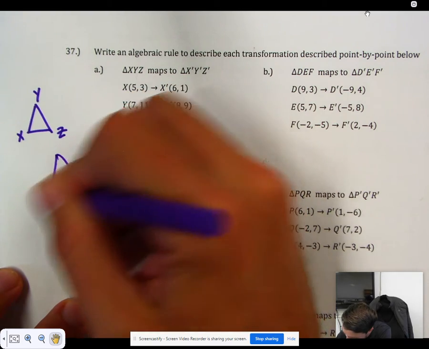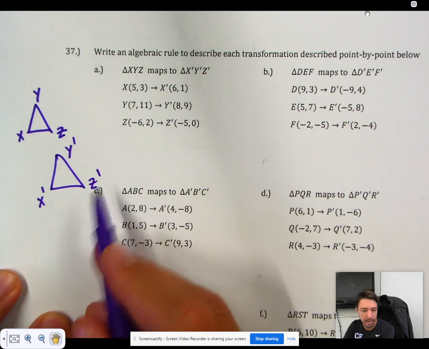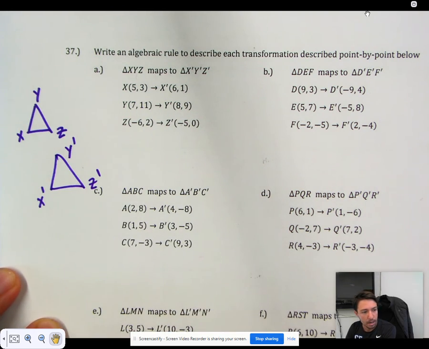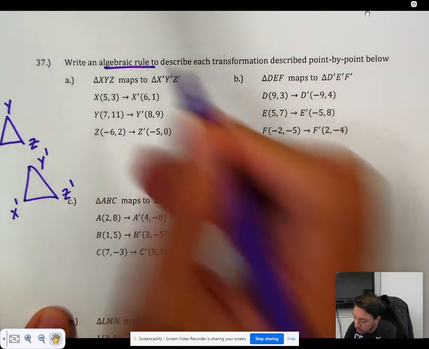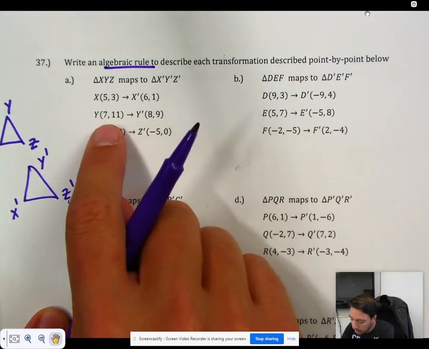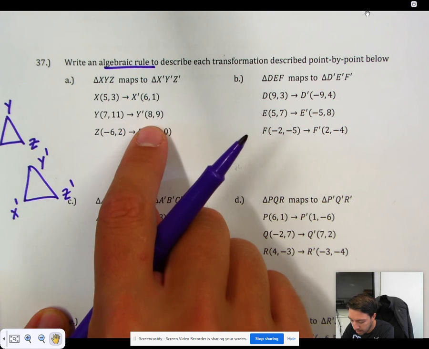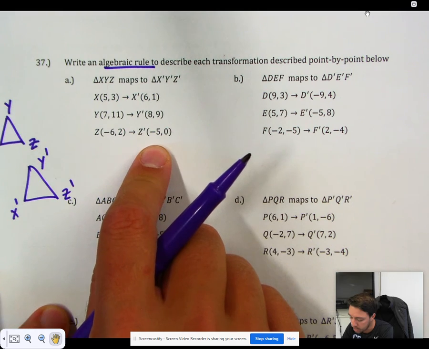Now it's somewhere else, and it's X prime, Y prime, Z prime. Those little dashes, we call them primes. So all this is saying, though, is what's the algebraic rule that would send 5, 3 to 6, 1, send 7, 11 to 8, 9, and negative 6, 2 to negative 5, 0. So let's see if we can figure it out.